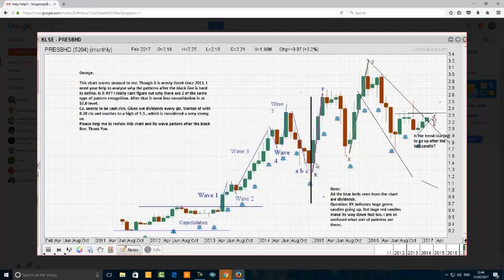So personally, I won't be surprised if the correction keeps going on, that they bring it back all the way here again one more time, around 1.4, this low here, to see whether people will be more happy to buy this stock around the 1.4 level.